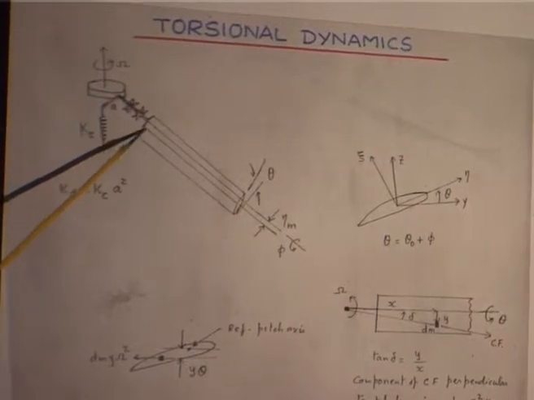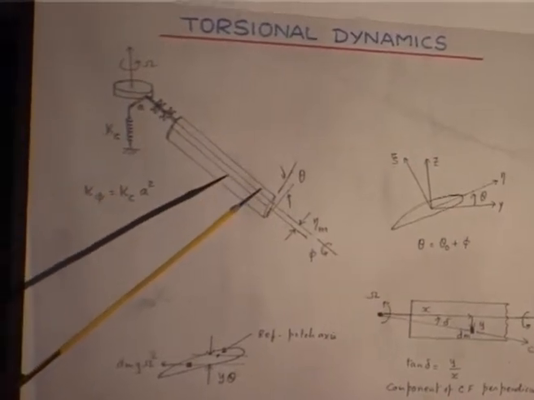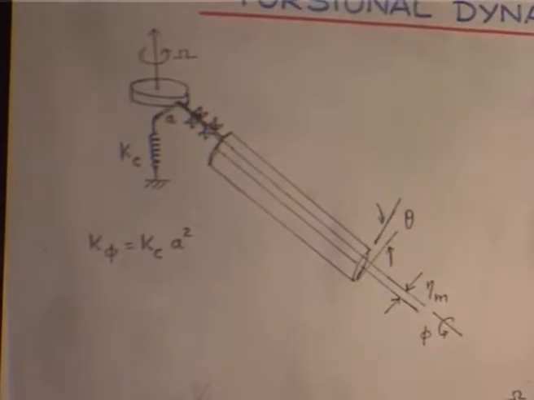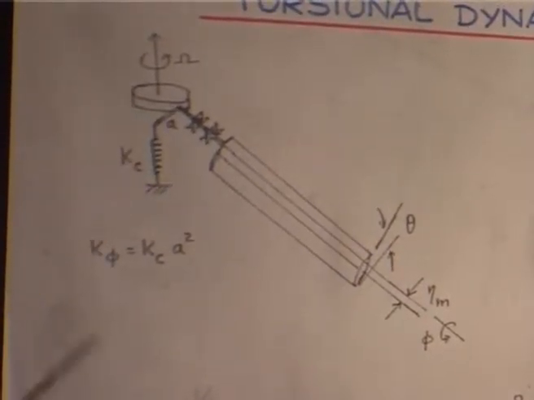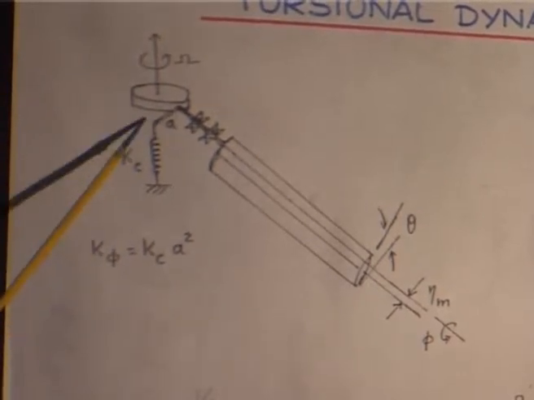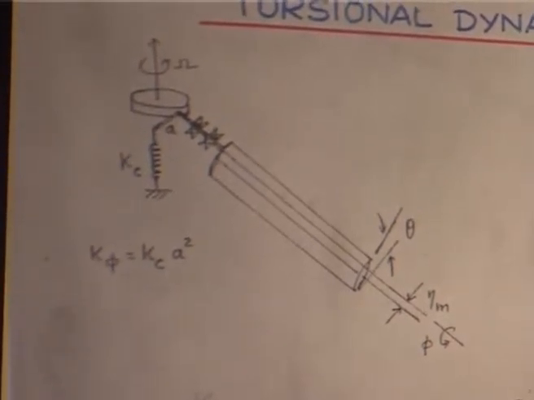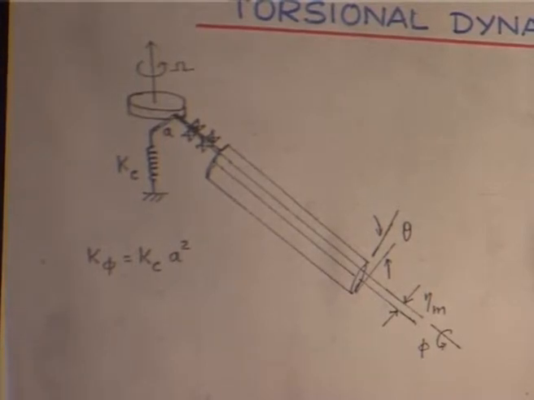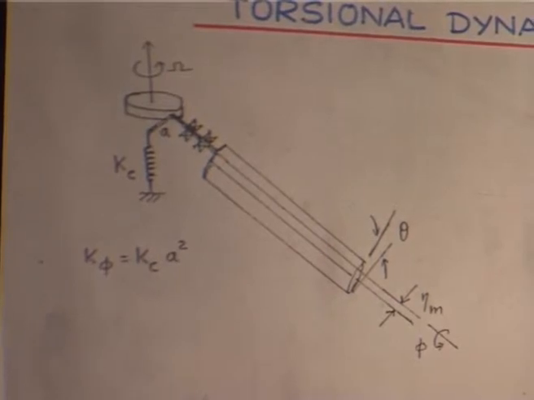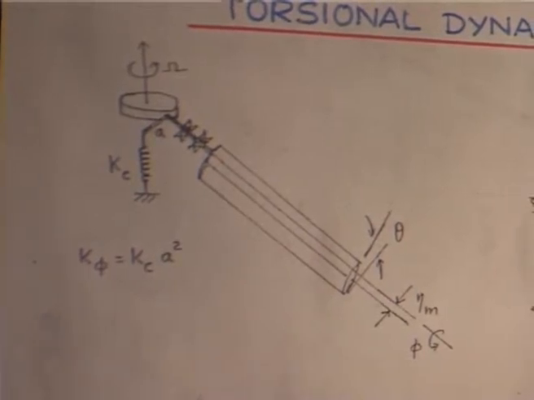The blade is a rigid blade, straight, and it has a pitch bearing, and you have a control rod, because that is the one which moves up and down to give a pitch angle change. You assume the blade is rigid, that means it is not torsionally soft, first assumption you make.